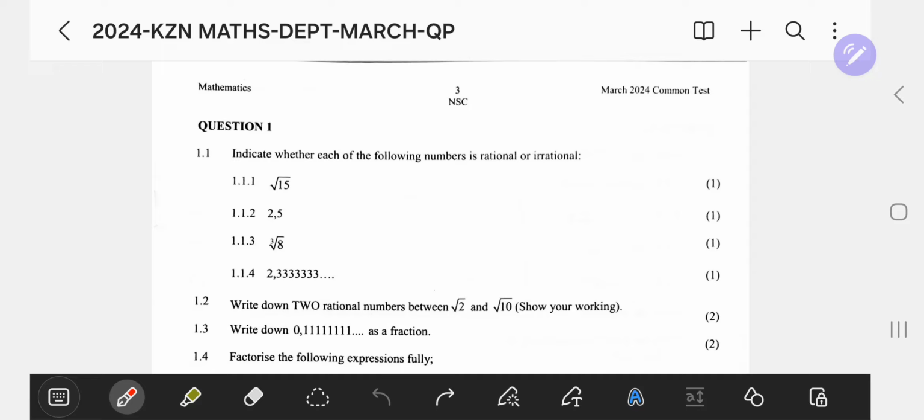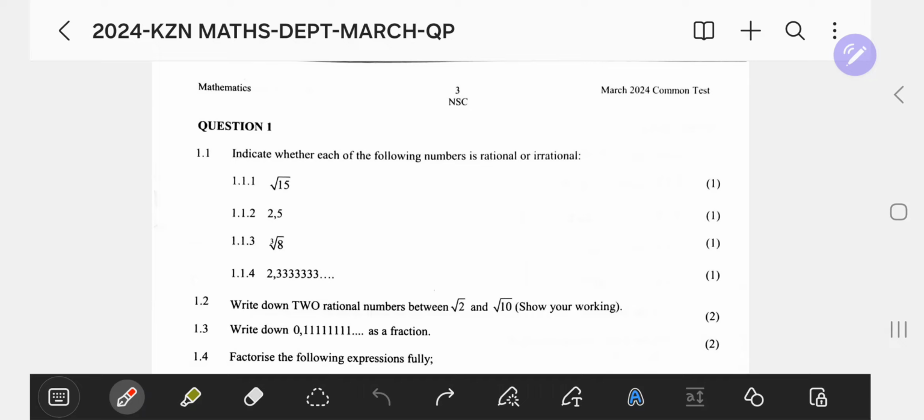But if you get a long decimal and it is non-terminating, means that it does not end, and all the values are different, then that is irrational. Those are numbers that cannot be written as fractions. So here we're going to analyze 1.1.1 to 1.1.4 by using our calculator.